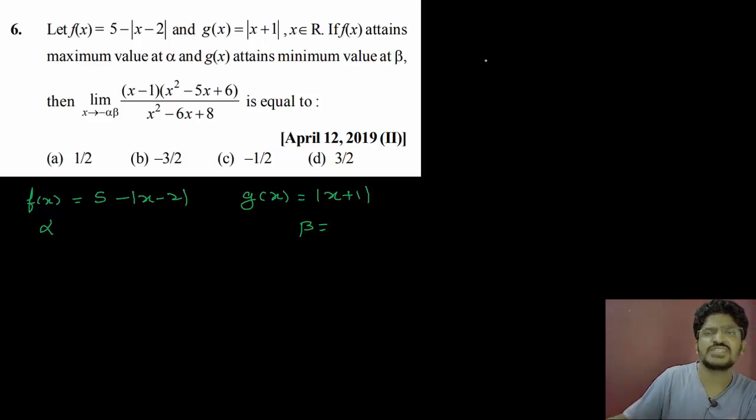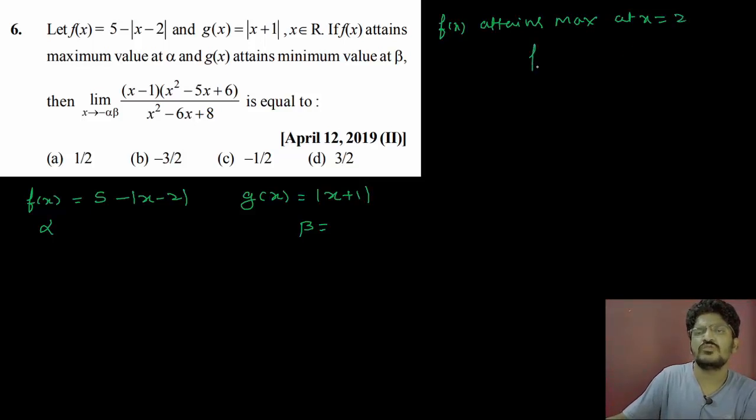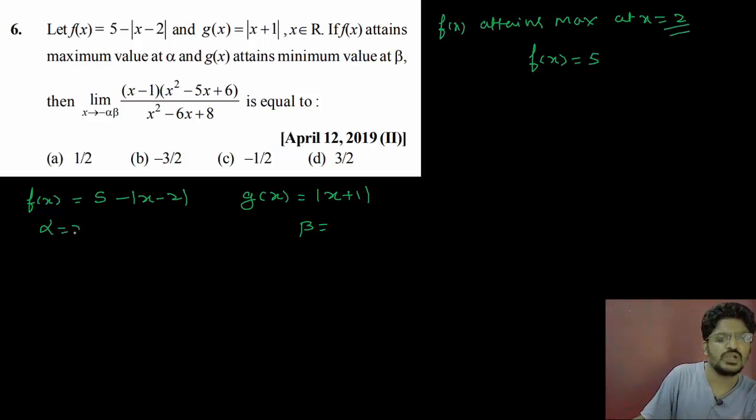Therefore f of x attains maximum at x equal to 2. f of x will be equal to 5. Okay. That means maximum value at x equal to 2 means alpha is going to be equal to 2. In the same way, g of x attains minimum value at beta.